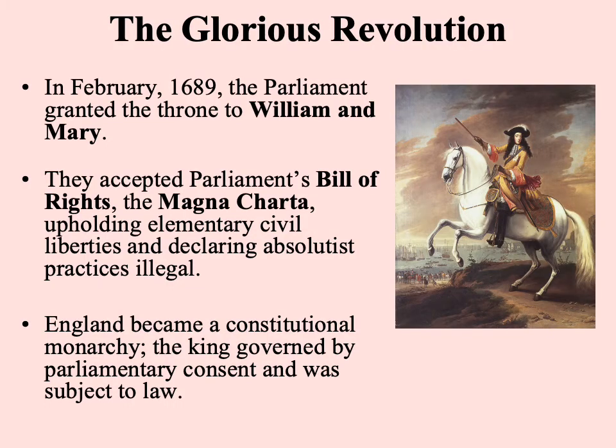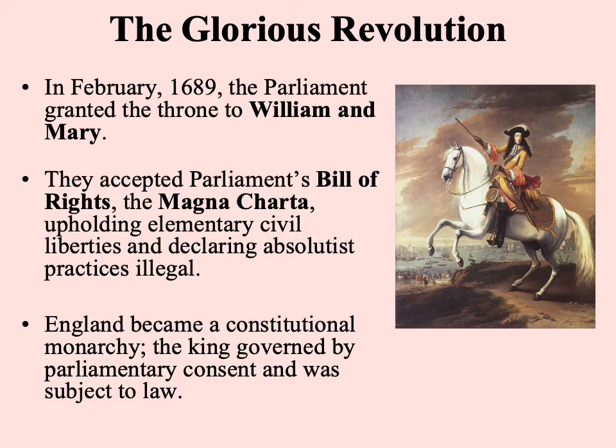But more important, this event is going to resolve this question about the appropriate role of the Parliament vis-a-vis the king. In February 1689, the Parliament grants the throne to William and Mary. It will be a dual monarchy, right? She will have equal power, conditional upon their accepting the Bill of Rights and the Magna Carta, upholding elementary civil liberties and declaring absolutist practices illegal, right?